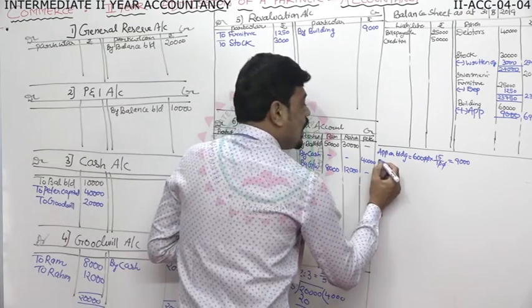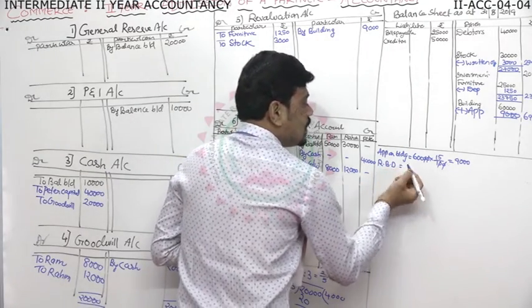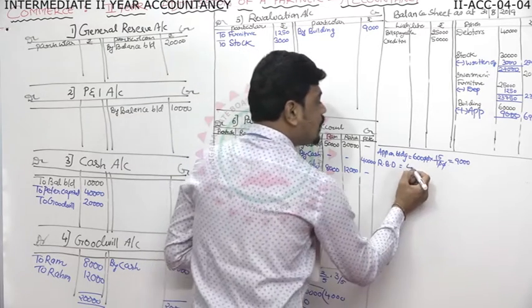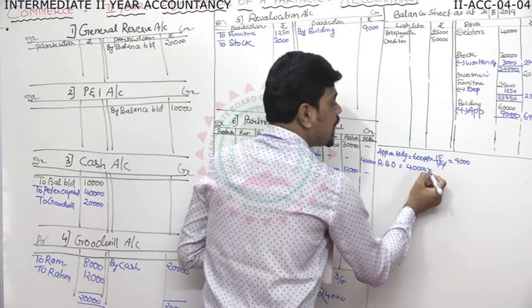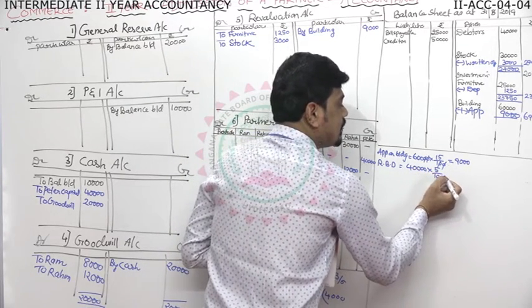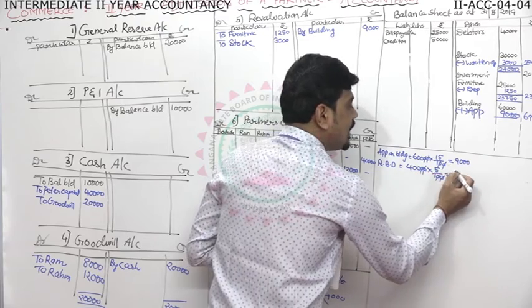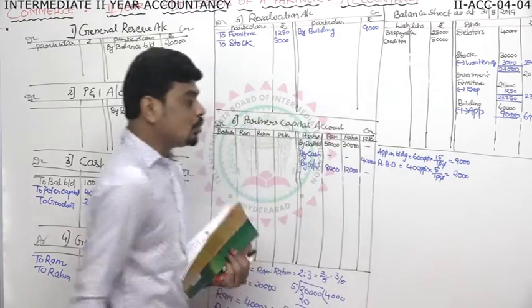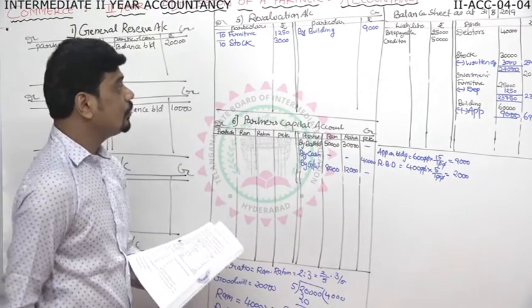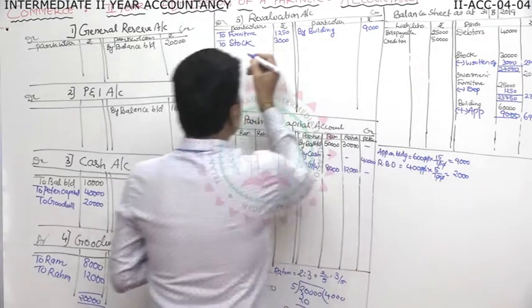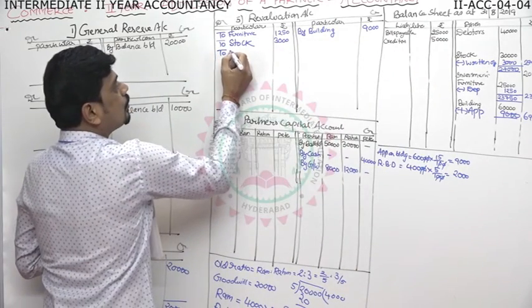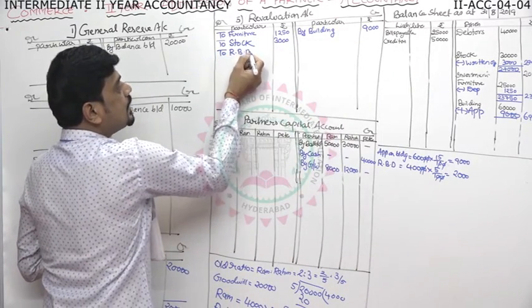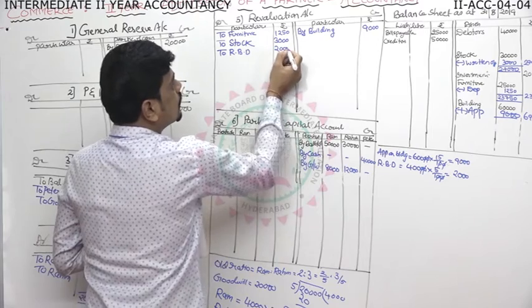Then they told us to create provision for bad debts at 5%. So RBD or PBD, you can write on debtors. 40,000 into 5%. Same as the adjustments we have done in the first year. So 2,000. So I'll go to revaluation account, to RBD. I got 2,000.